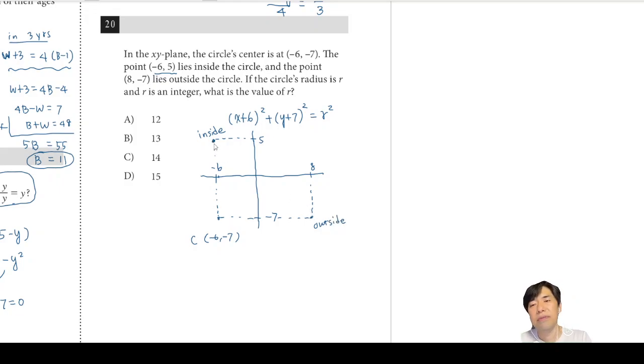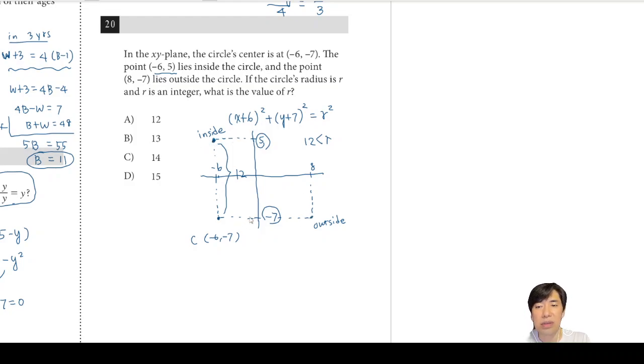So if this is inside the circle and this is the center, the radius must be greater than this length. So this length is what? It's -7 to 5. So that's 12. So the radius has to be greater than 12 in order for this point to be inside the circle.